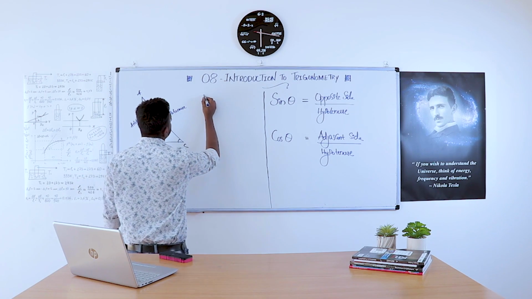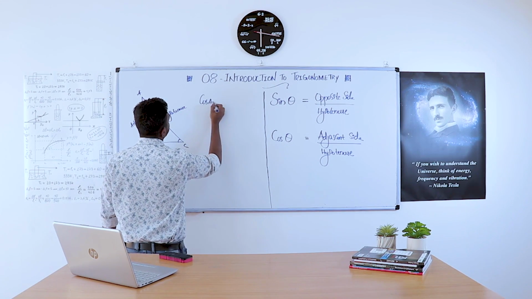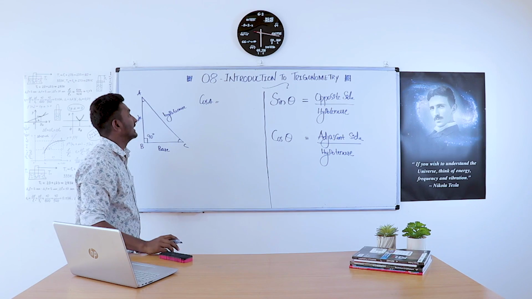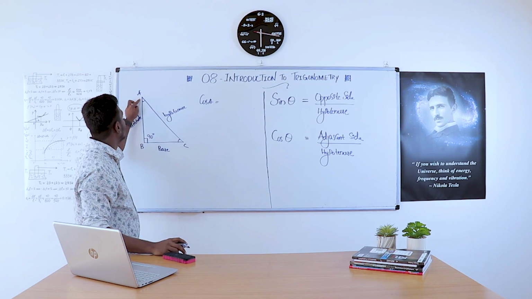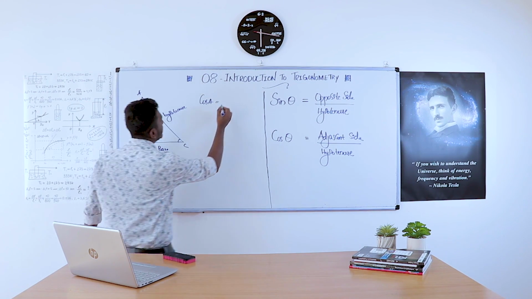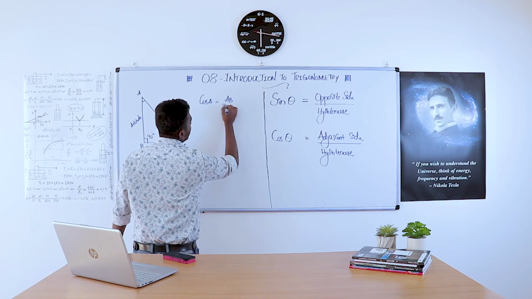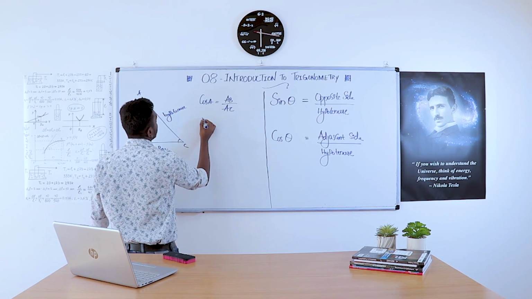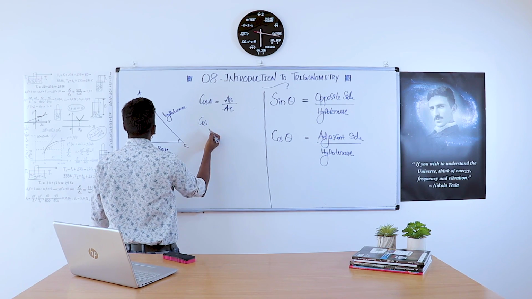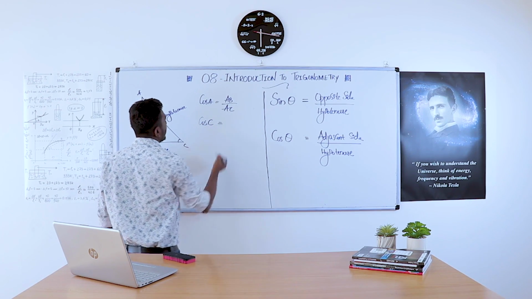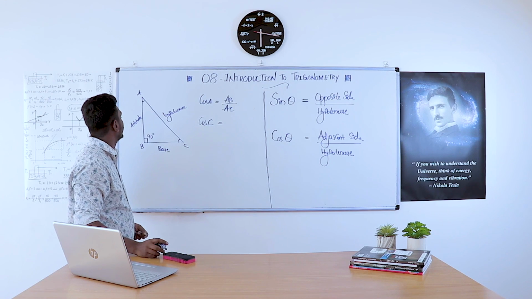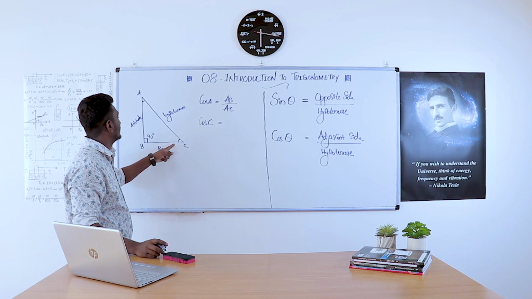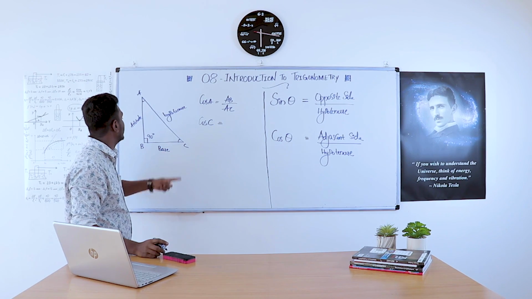Now here, what is cos A? Which is the adjacent side, the nearby side of angle A? It is AB, by the hypotenuse AC. Next, find cos C. Cos C is equal to, which is the adjacent side?